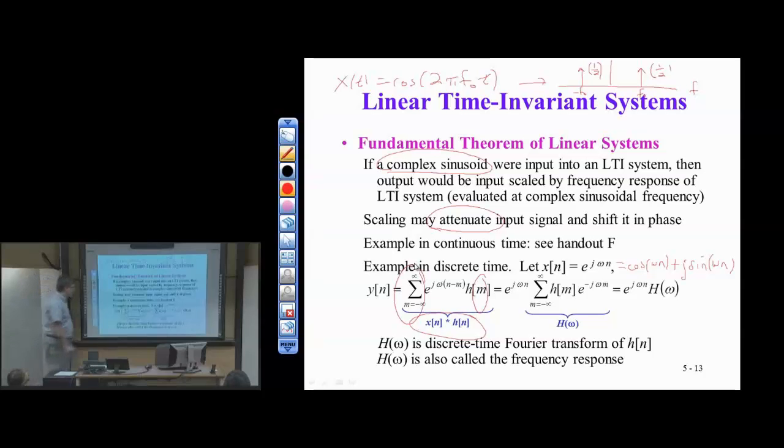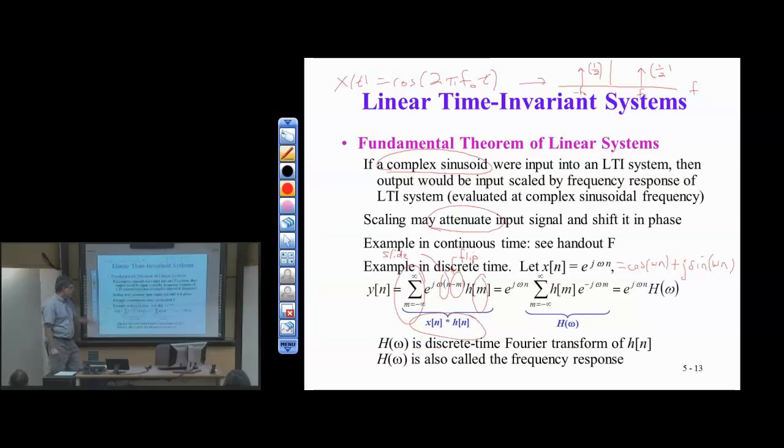We're going to flip and slide the complex sinusoid. The flip here is due to the negation of m, and the slide or shift is due to little n. And again, n is the outer variable in discrete time.